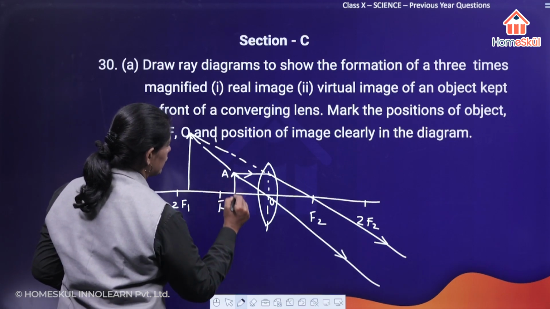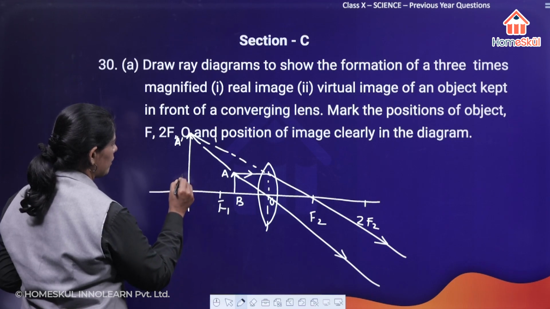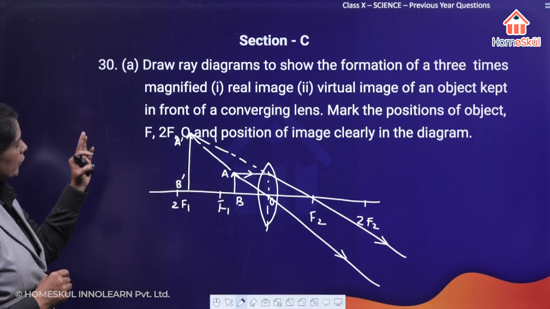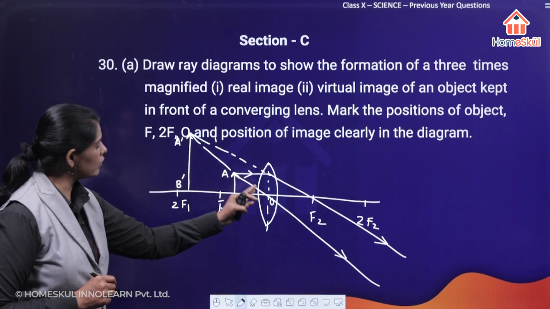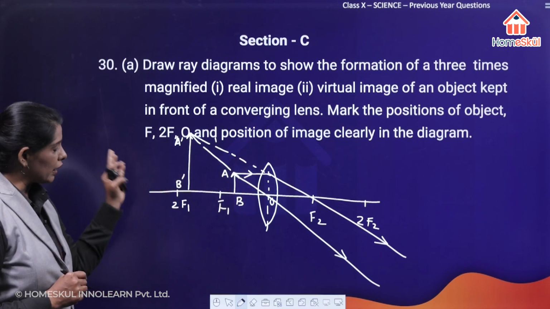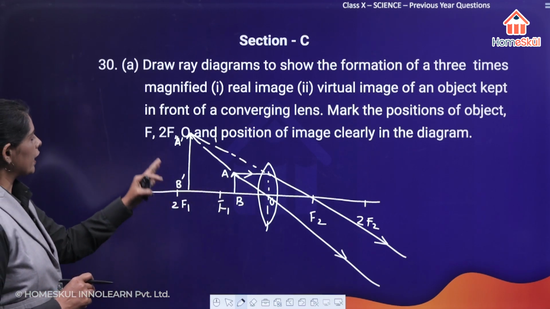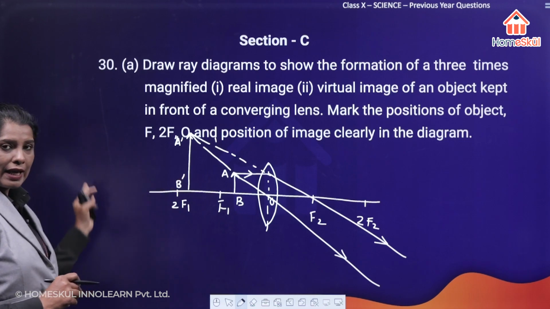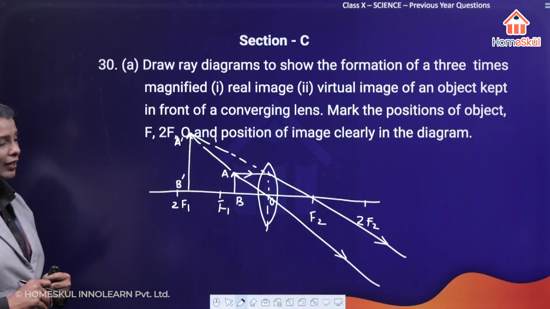So here AB represents the object, A dash B dash represents the image. So we have got a virtual and erect image of the object which is kept in front of the converging lens, wherein we keep the object in between the optic center and F1. So we get the virtual image on the same side of the lens as that of the object. Clear?